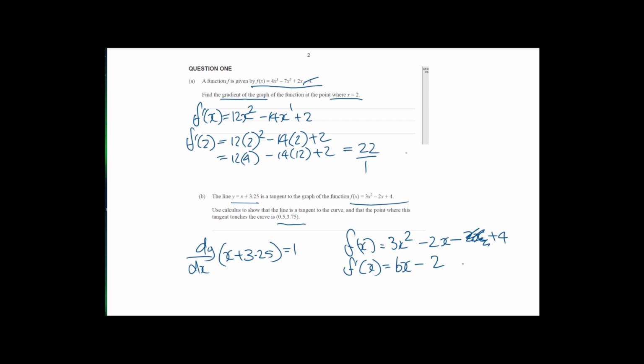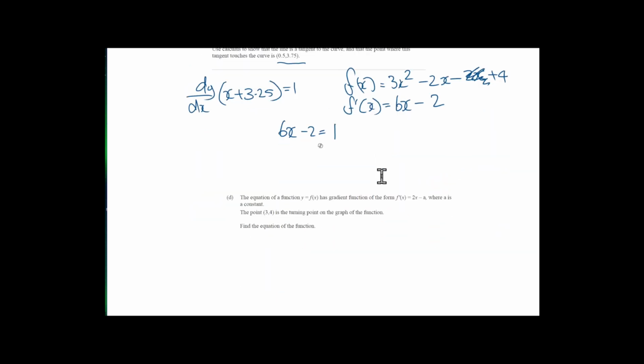So if one is a tangent, they must have the same gradient. So where does 6x minus 2 have a gradient of 1? So 6x equals 3, x equals half. So that bit is correct.